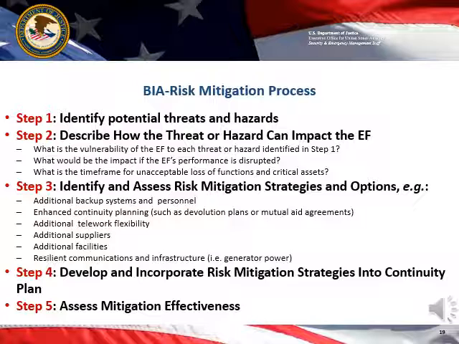As part of biennial continuity assessments conducted by the Federal Emergency Management Agency, departments and agencies must affirm that risks to the performance of their mission essential functions and primary mission essential functions have been evaluated and documented as part of their business impact analysis.